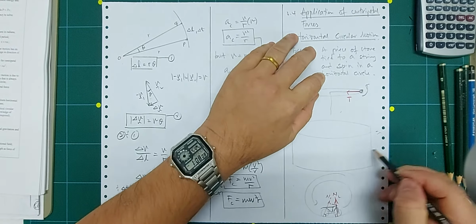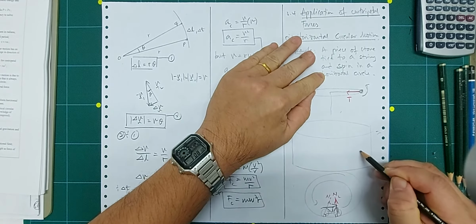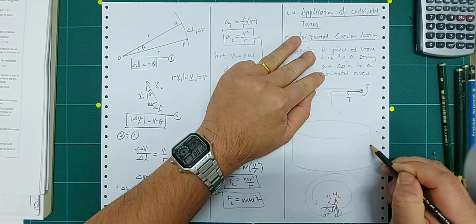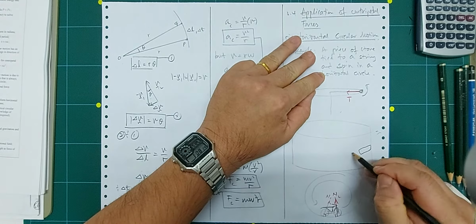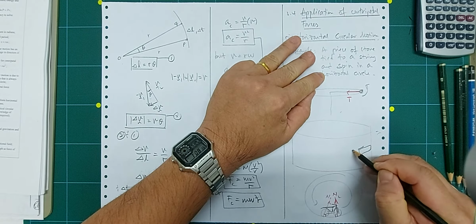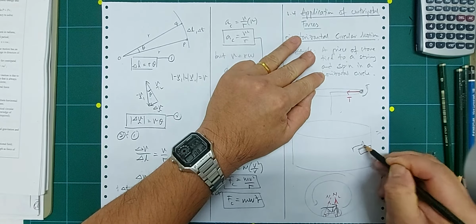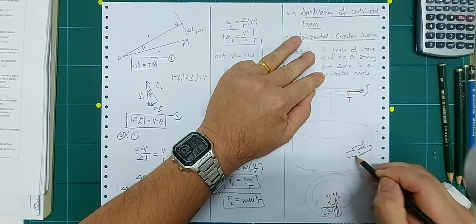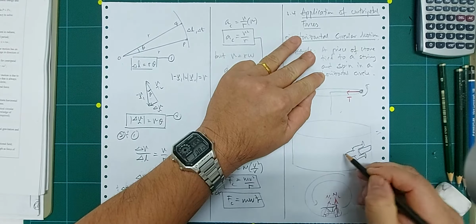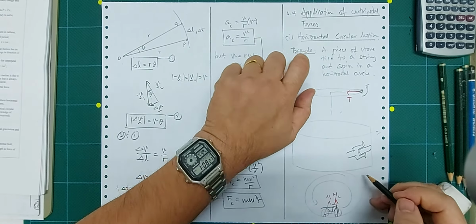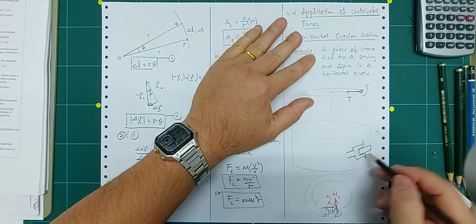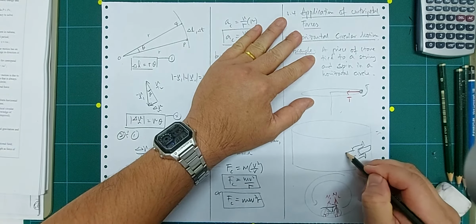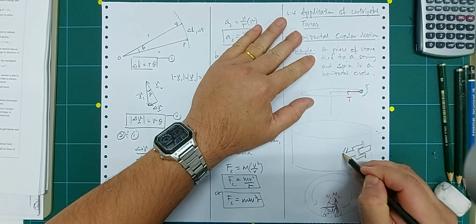You can see that the motorbike is slanted. This is the wheel of the motorbike, and this is the body of the rider. It cannot be me. It can be either Lawrence or Thomas here, riding a motorbike.